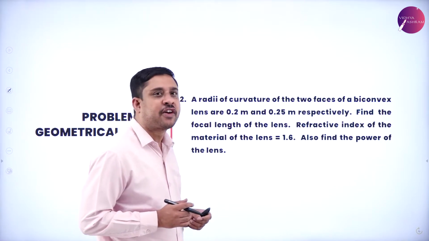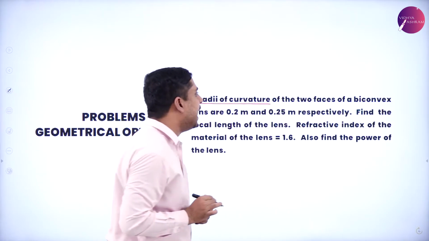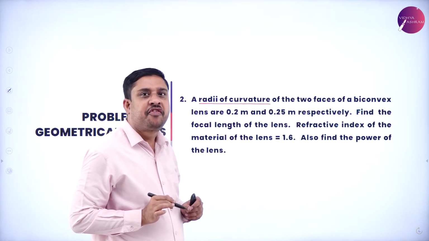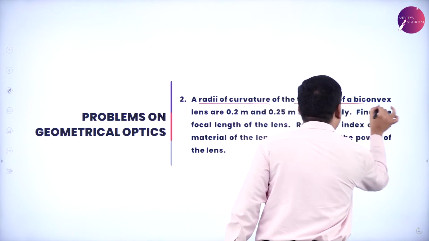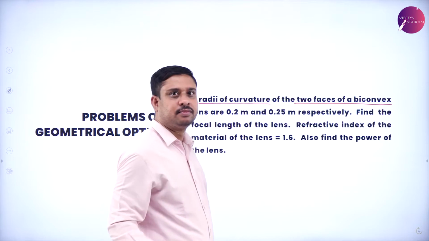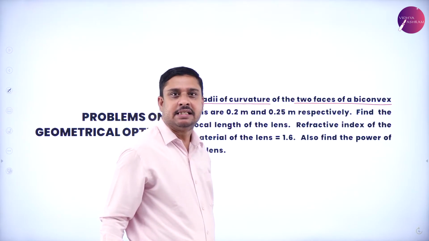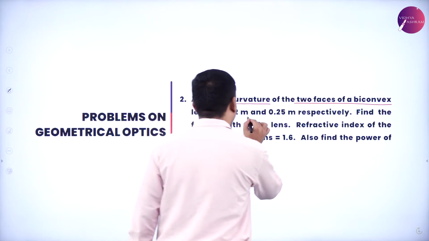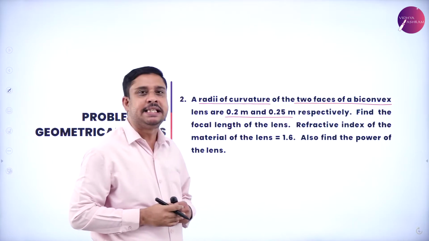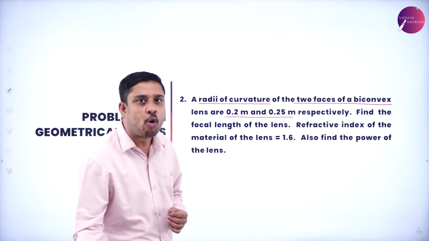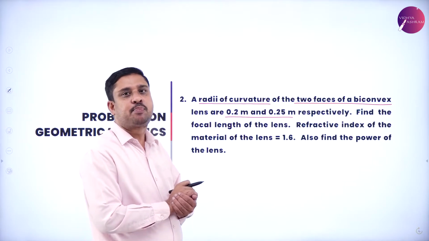The radii of curvature of two faces of a biconvex lens are 0.12 meter and 0.25 meter respectively.